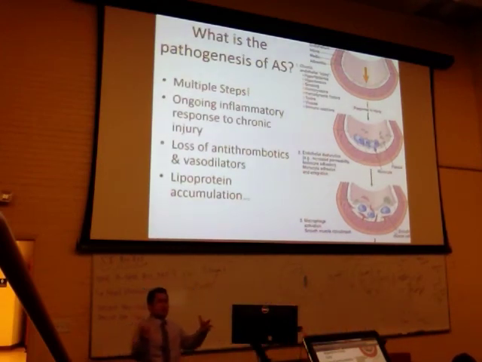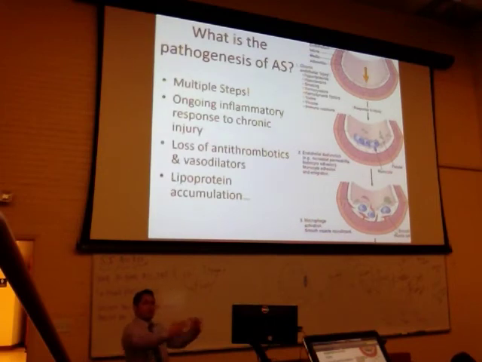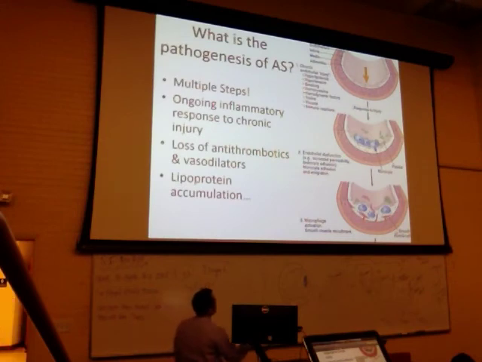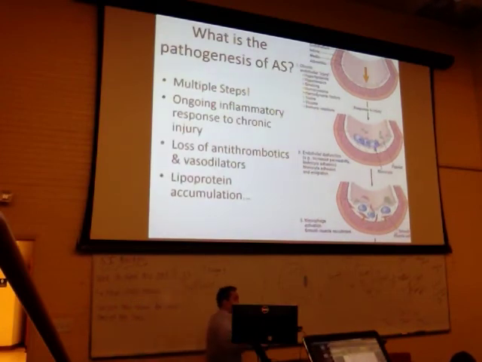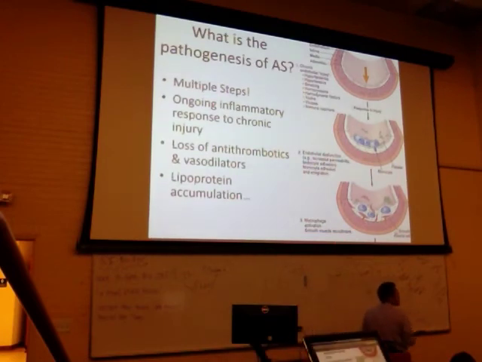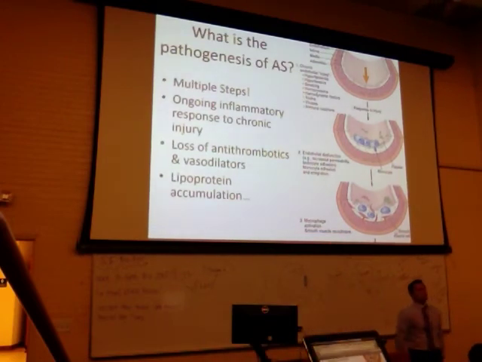They start chewing things up, breaking down debris. The smooth muscle cells that move into the area are recruited by many of the growth factors that the macrophages release. These growth factors stimulate the smooth muscle cells to come in and replicate.